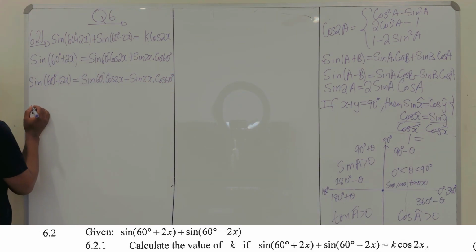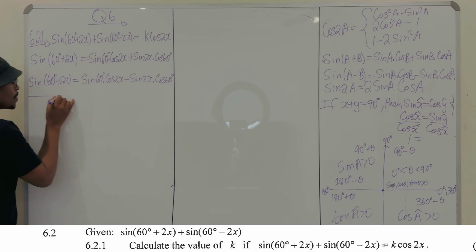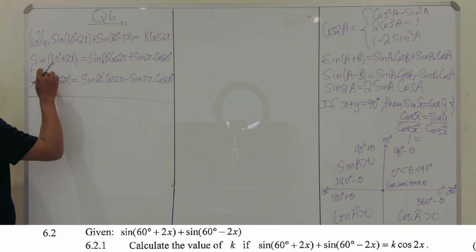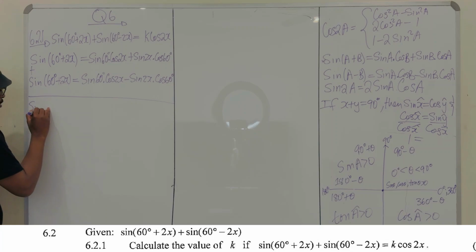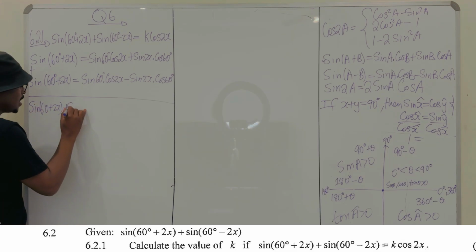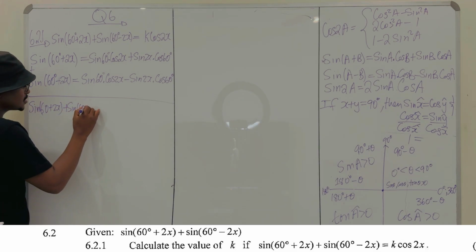Right? So in that case, now let's add these two. So you have sine of 60 degrees plus 2x plus sine 60 degrees minus 2x.